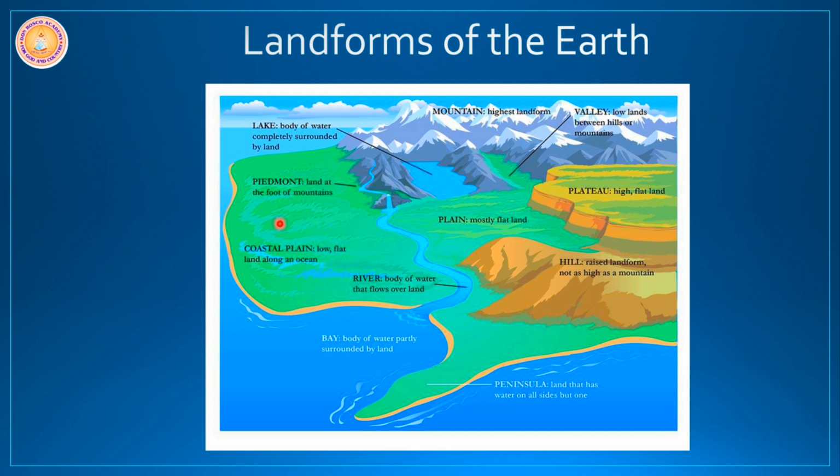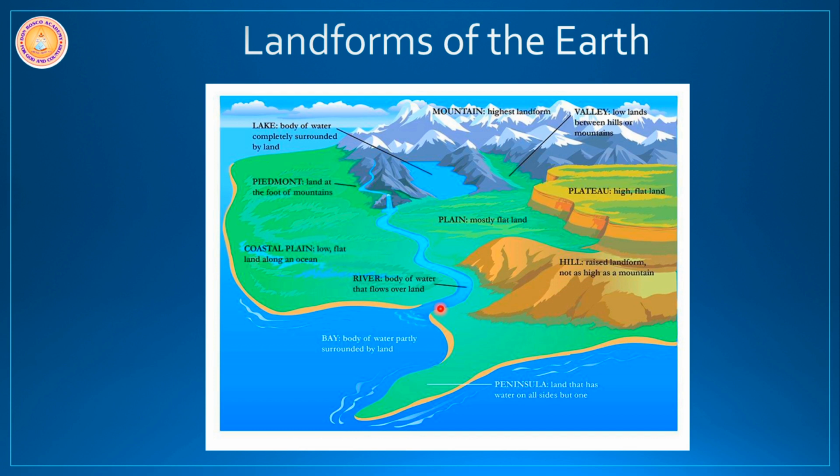The second order of relief refers to mountains, valleys, plateaus, and hills. They are known as second order of relief because they have been formed due to plate collision, divergence, and convergence forces.